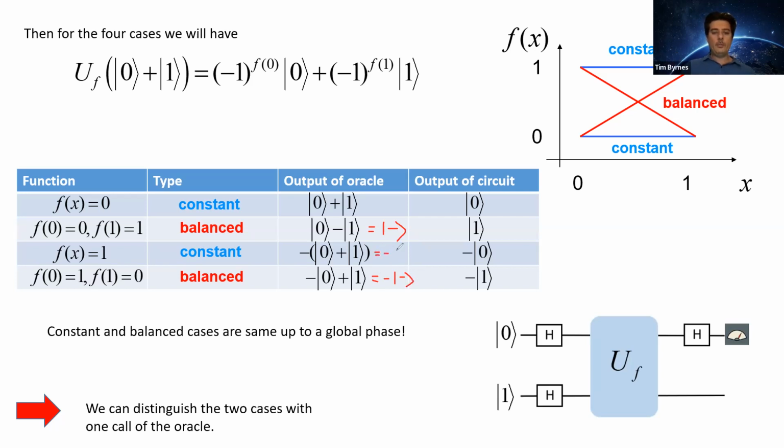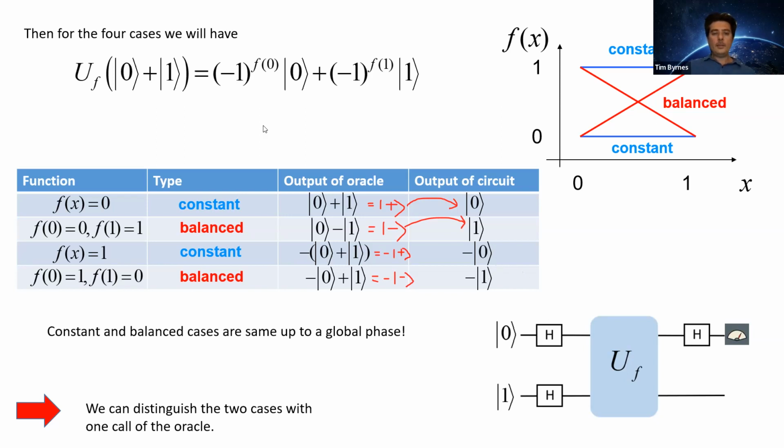This one will be minus of the plus state, and this one will just be the plus state. This is why there's this final Hadamard here, just to convert this plus state or minus state into the 0, 1 basis. So we've got plus state, minus state. This will produce either 0 state, 1 state, minus 0 state, or minus 1 state.